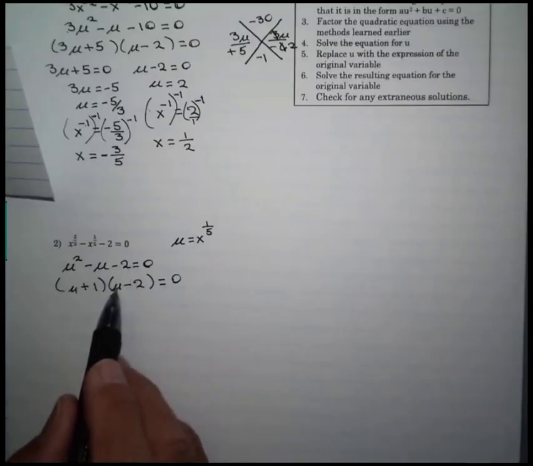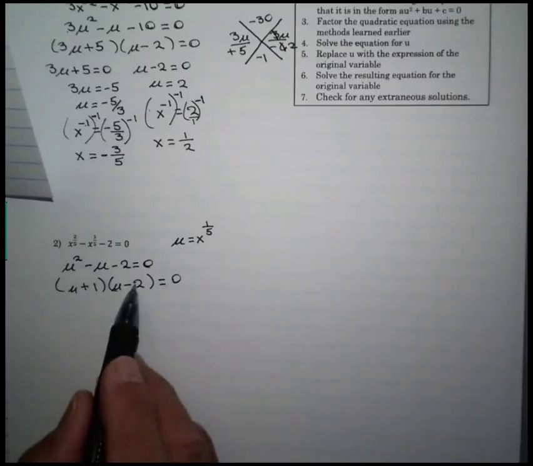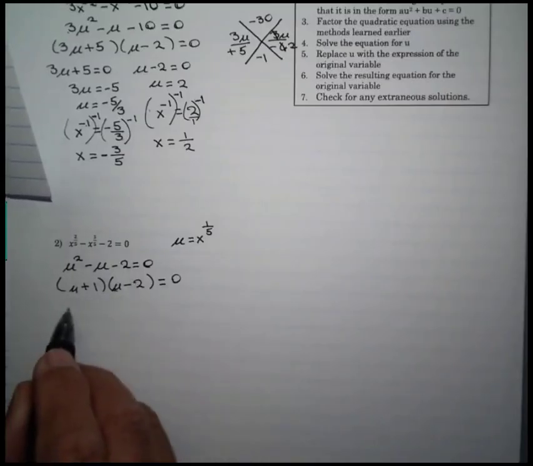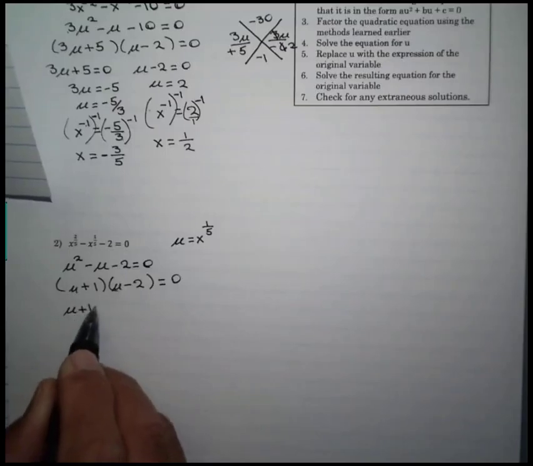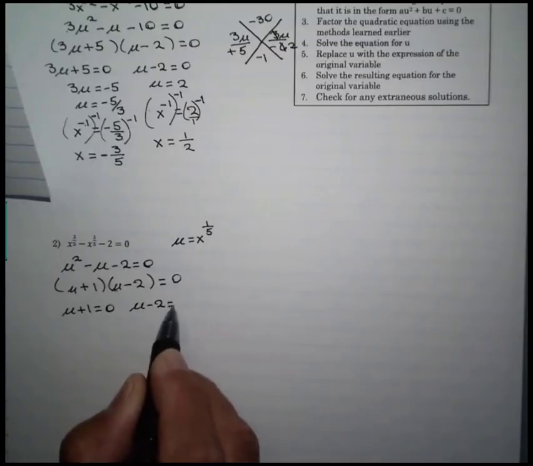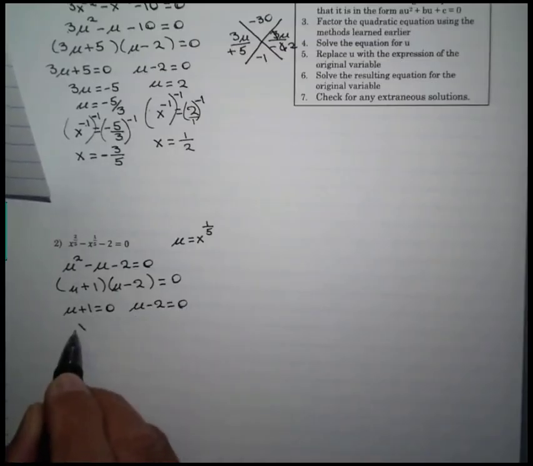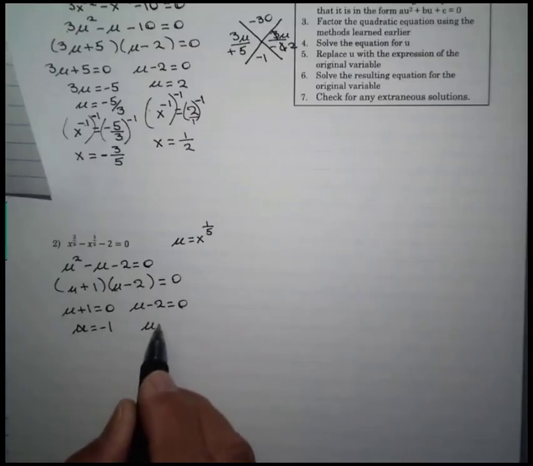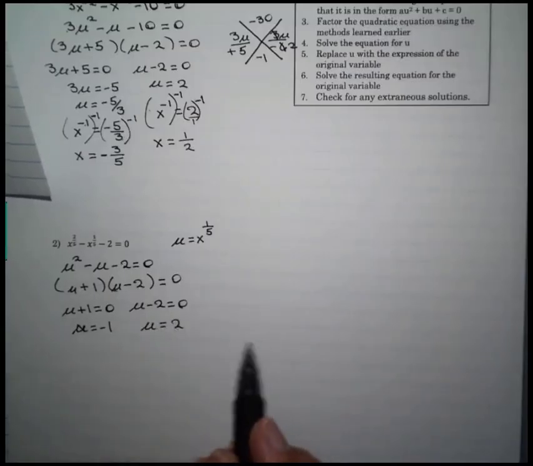And inside would be 1u. Outside negative 2u. That gives me a negative 1u. Okay, so I'm going to say u plus 1 is equal to 0, and u minus 2 is equal to 0. And u is equal to negative 1, and u is also equal to positive 2.